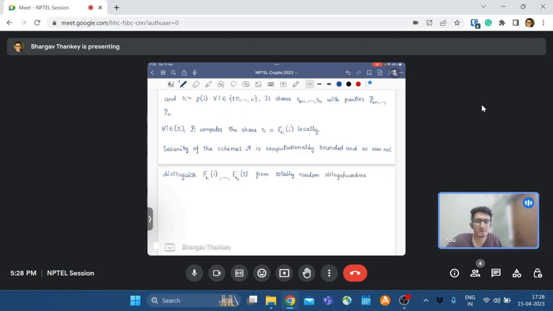So these would be strings, but you can easily convert them to numbers by thinking of them as numbers written in binary, right?